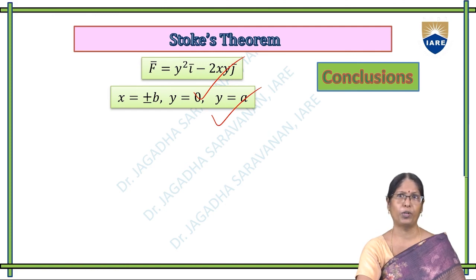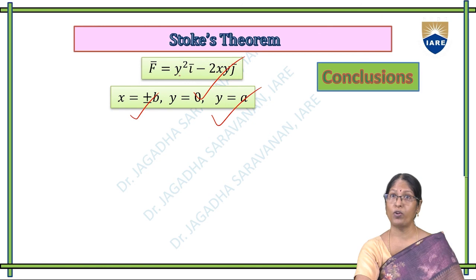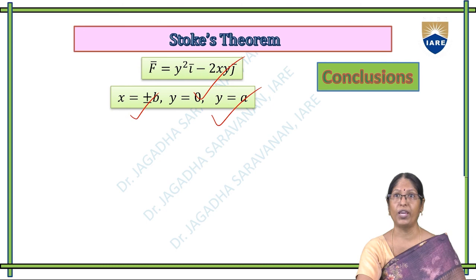It's a very beautiful problem. So x goes from minus b to b, minus b being plotted on the negative side of the x-axis and plus b on the positive side. And y goes from 0 to a. Verify Stokes theorem.